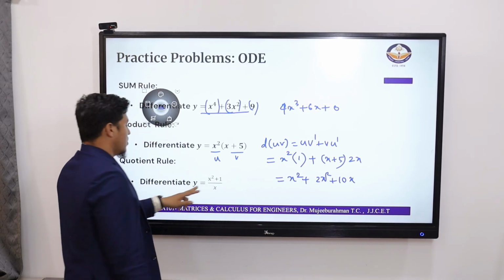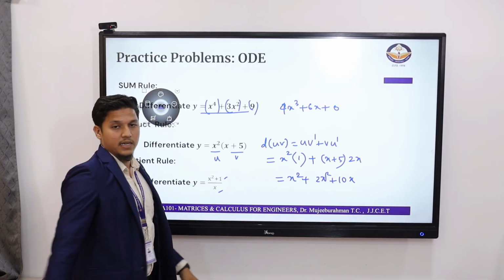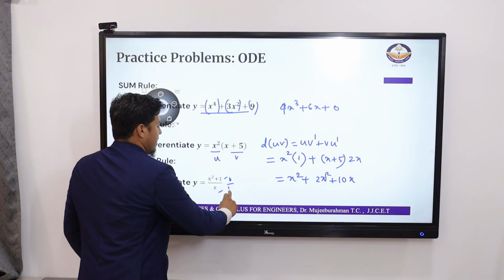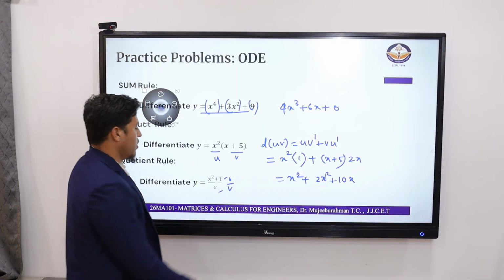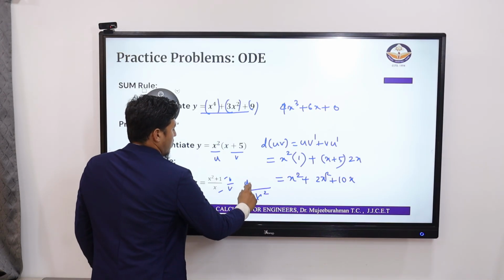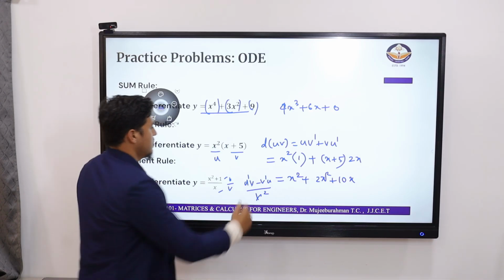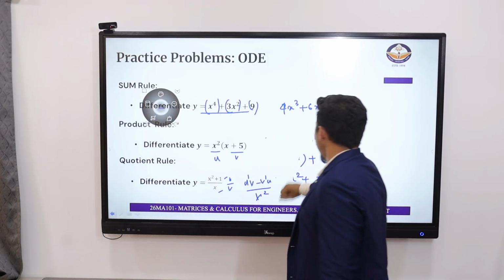Next we have the quotient rule, where we use the quotient rule when the two functions are in division. You can simply say the u by v rule. What is the formula for the u by v rule? It is division, you have v square in the denominator, and u dash v minus v dash u in the numerator. So how do we explain that?